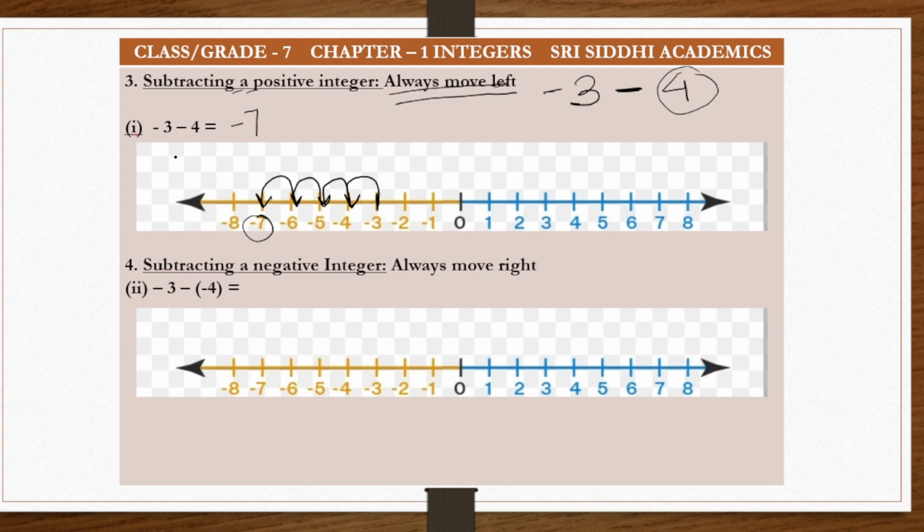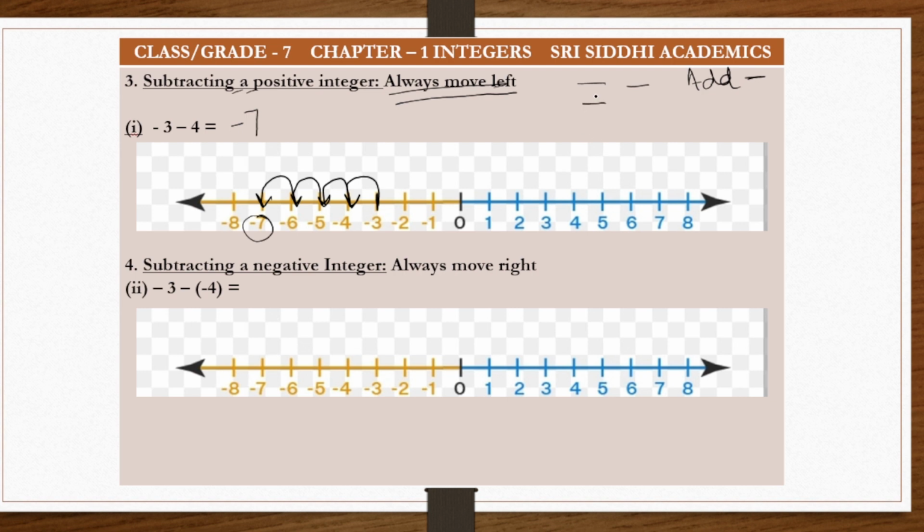Even if you have to do addition in the normal way without the number line, then also you can see that these are two like integers, negative integers. If there is minus minus, then also we add and then use the minus sign in the answer.